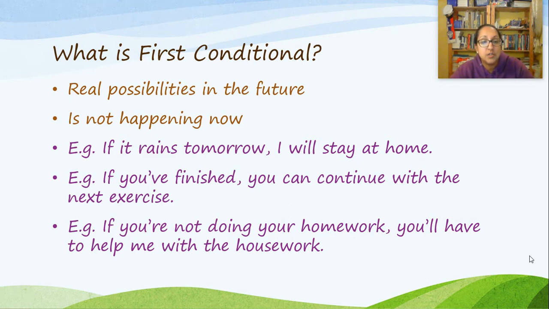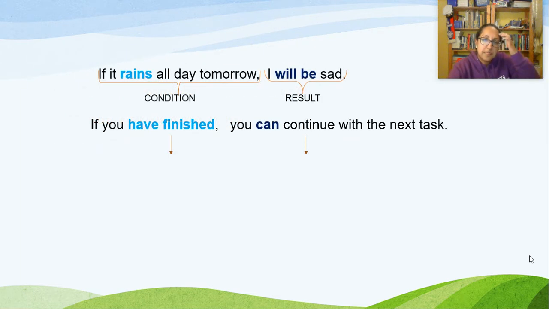If you've finished, you can continue with the next exercise. If you're not doing your homework, you'll have to help me with the housework. Okay, so let's look at this example. If it rains all day tomorrow, I will be sad.